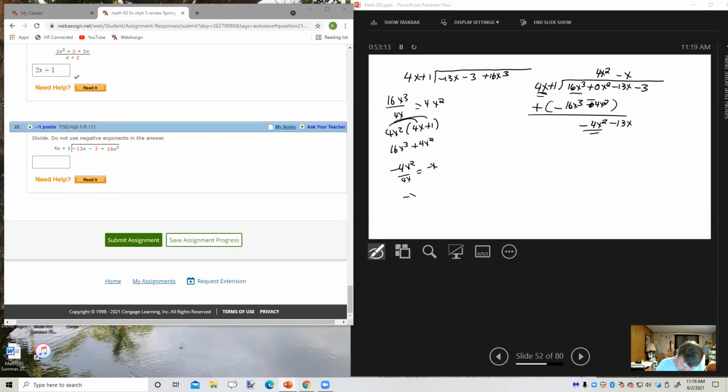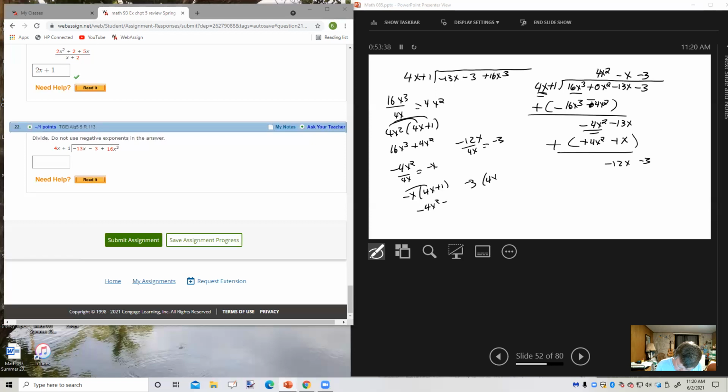Then we're going to take minus x times the divisor. Negative 4x squared minus x. Distribute, plus, plus, plus, 0, negative 12x minus 3. Negative 12x divided by 4x is minus 3.